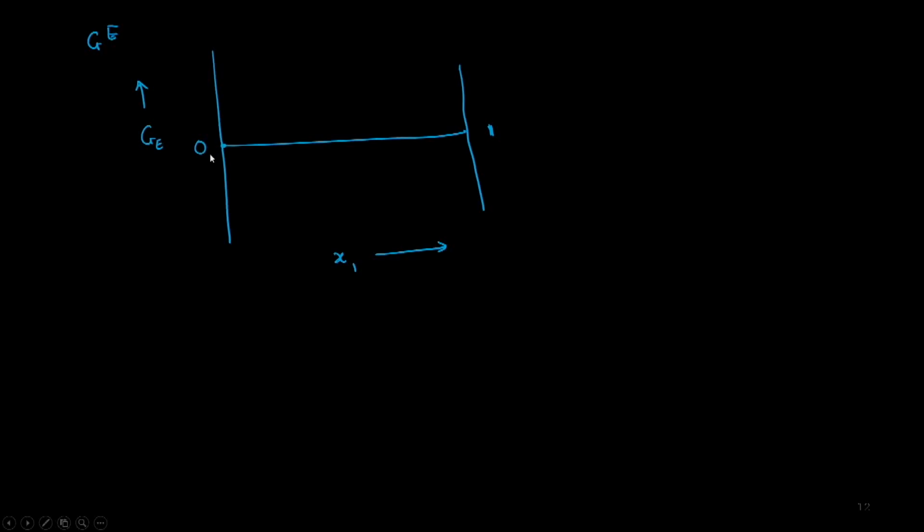For example, GE can be greater than 0. Let's say this is 0. I have GE on the y-axis and x1, this is a binary mixture, on the x-axis going from 0 to 1, and GE is 0 at the horizontal line I have drawn there. So GE in some cases can be greater than 0.